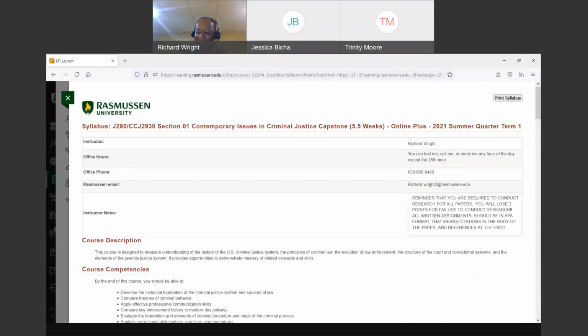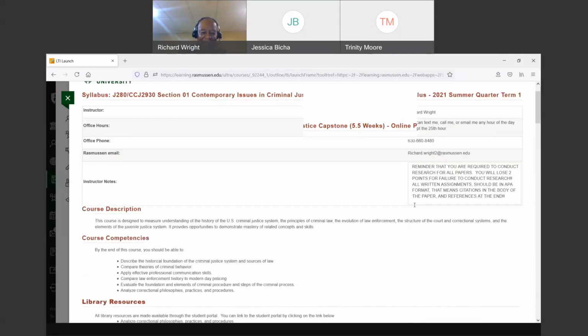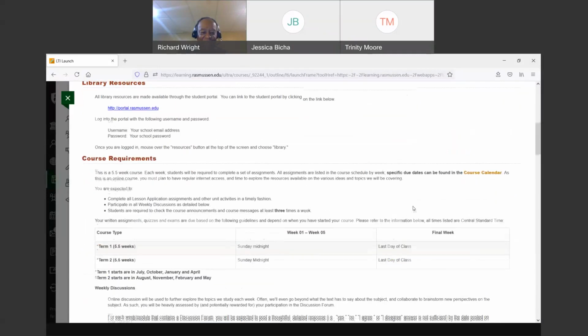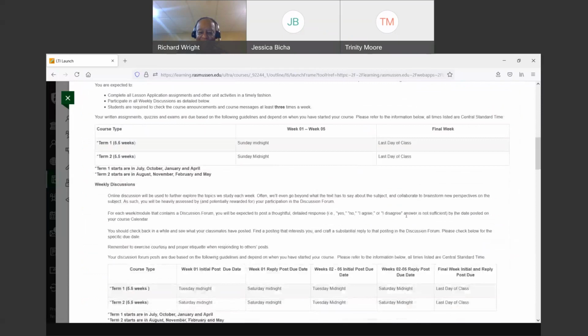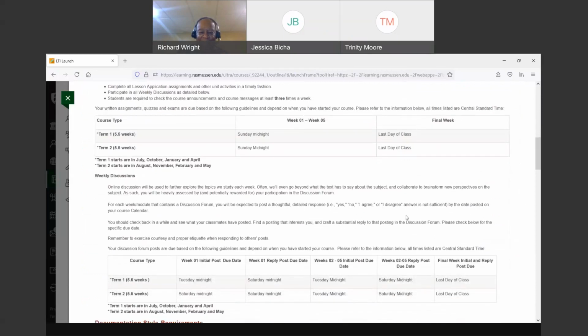So a reminder that you're required to conduct research for all papers. You'll lose 2 points for failure to conduct research. And then you know about the other part. All written assignments should be in APA, and you know what that is all about. And down here, you know how discussion posts operate. You know my policies for discussion posts, for the few people that are not familiar with that.